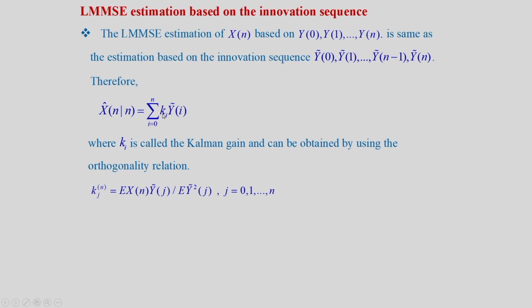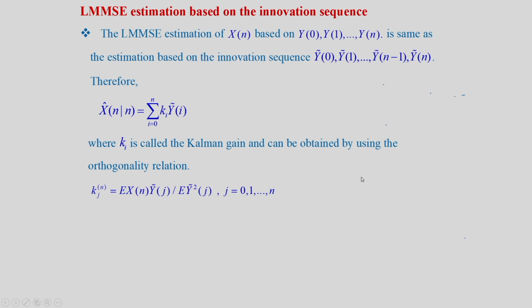These coefficients can be obtained by using the orthogonality relationship, and this is the relationship we get: k j n is equal to E of x n into y tilde j divided by E of y tilde j square for j equal to 0 up to n. We will see how this relation can be obtained.